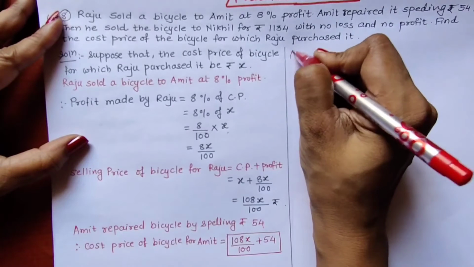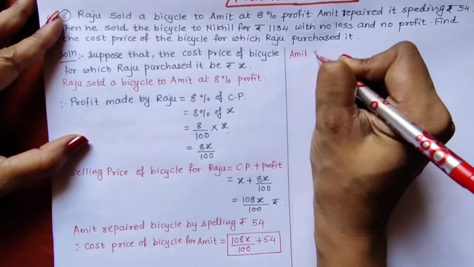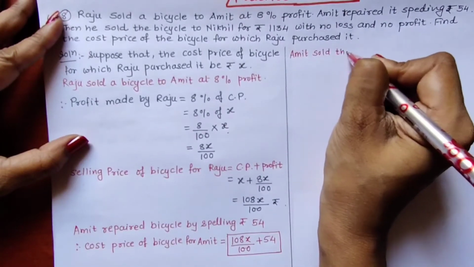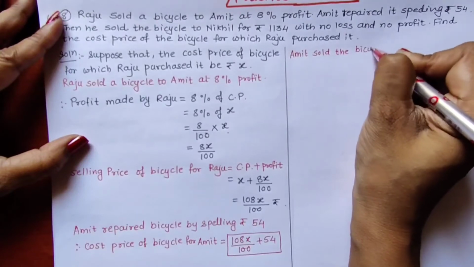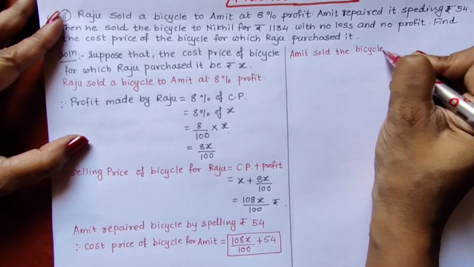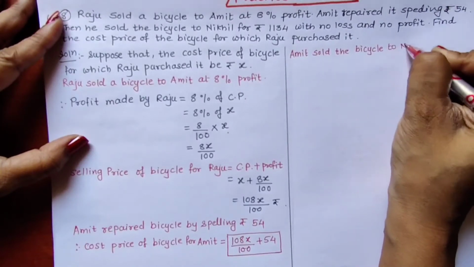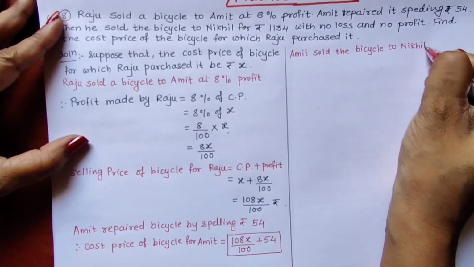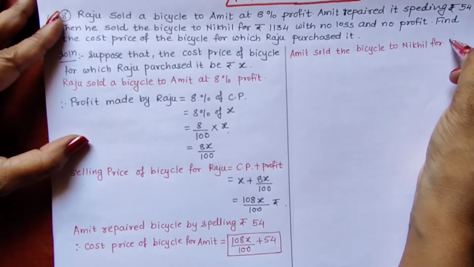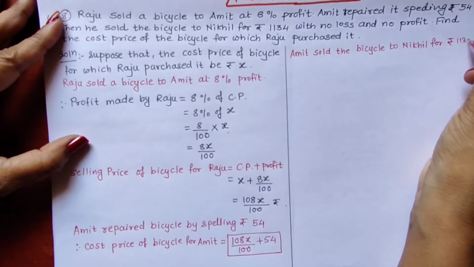Amit sold the bicycle to Nikhil for rupees 1134.